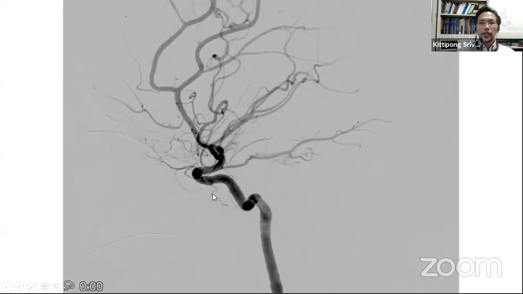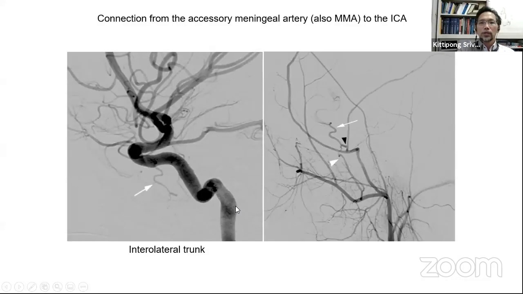We see the same thing on the ICA injection. So we put these two side by side, and you can see that this is a very large connection that we can have from the accessory meningeal artery, and a little bit from the middle meningeal artery, through this channel.